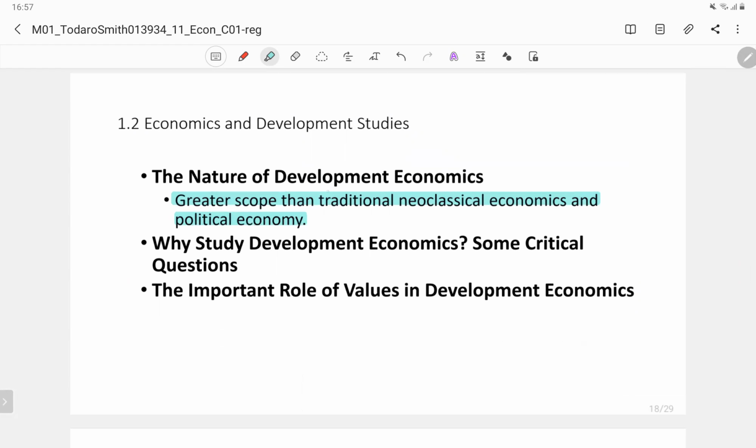This is what we talked about in the previous slide. Later in this course, we will also talk about some critical questions on why we need to study development economics. After that, we will also talk about the important role of values in development economics.